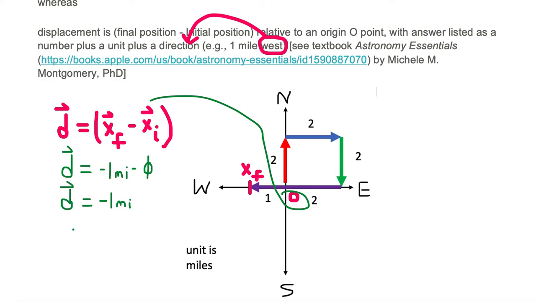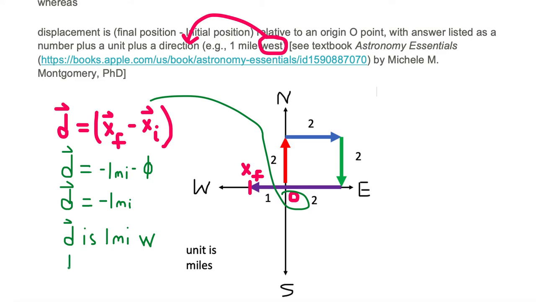Another way to say this is that the displacement is 1 mile west.